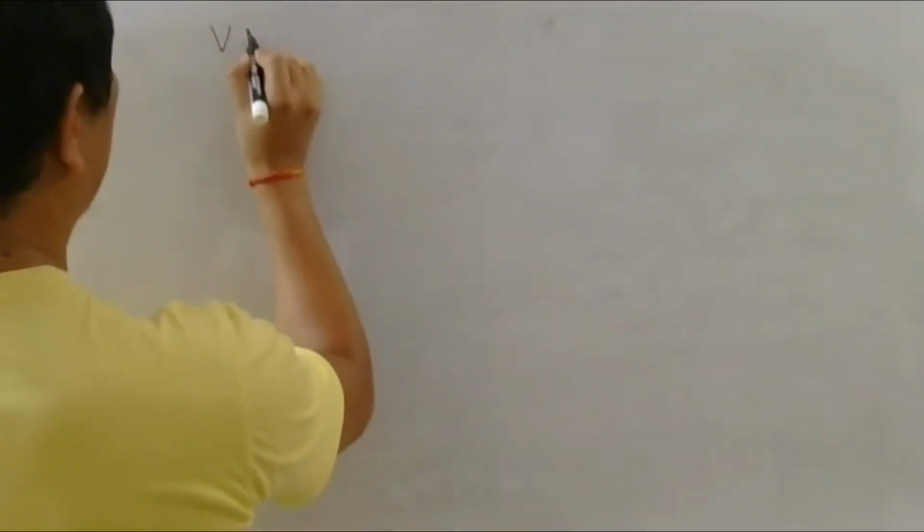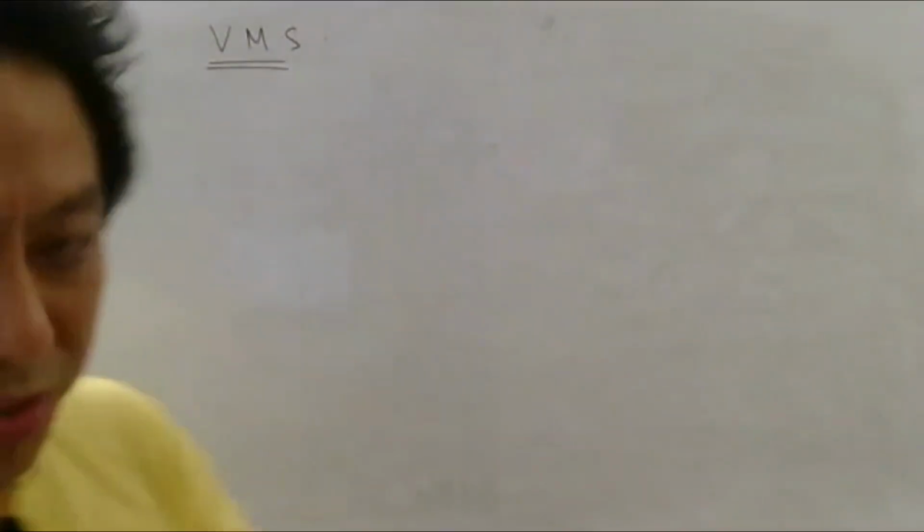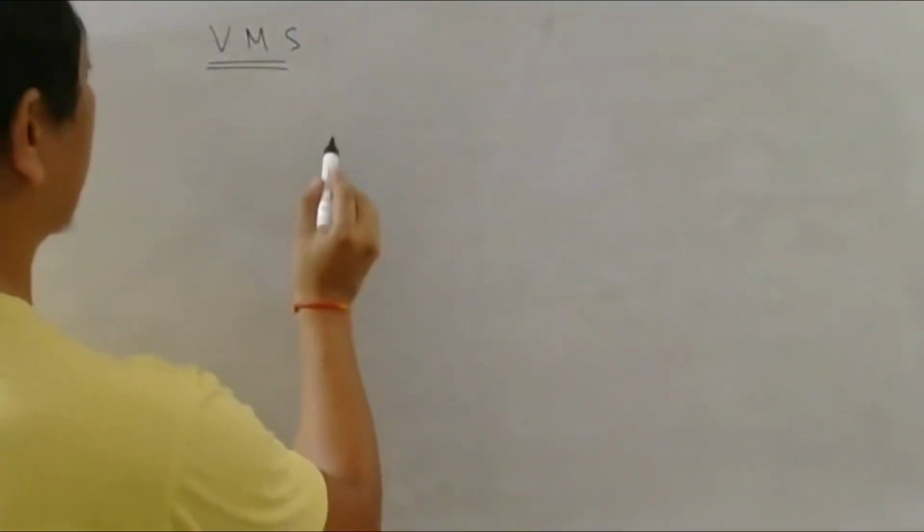Okay. So students, variable mass systems. Without going too much into details, without doing too much derivations, what is the main concept here? Try to understand.